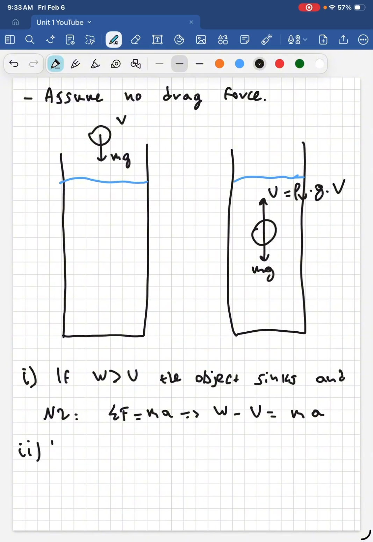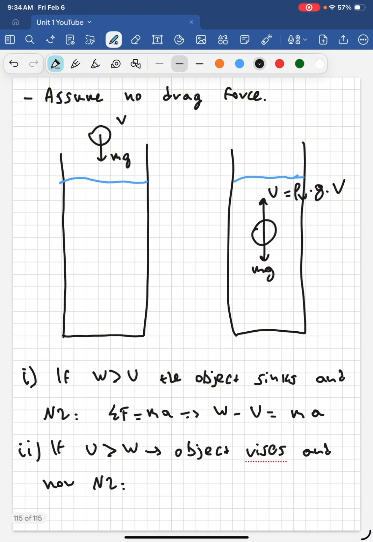The other case is if the upthrust is larger than the weight. The object rises, and now Newton's second law tells us that if we take the upwards direction as the positive, upthrust minus weight is ma.